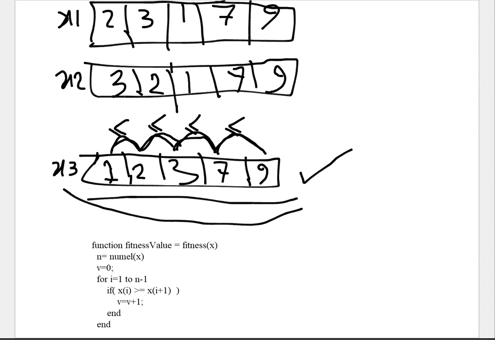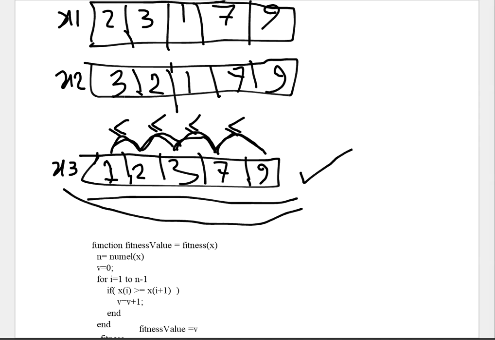And here I write fitness. It is a function that calculates the fitness value of each element.